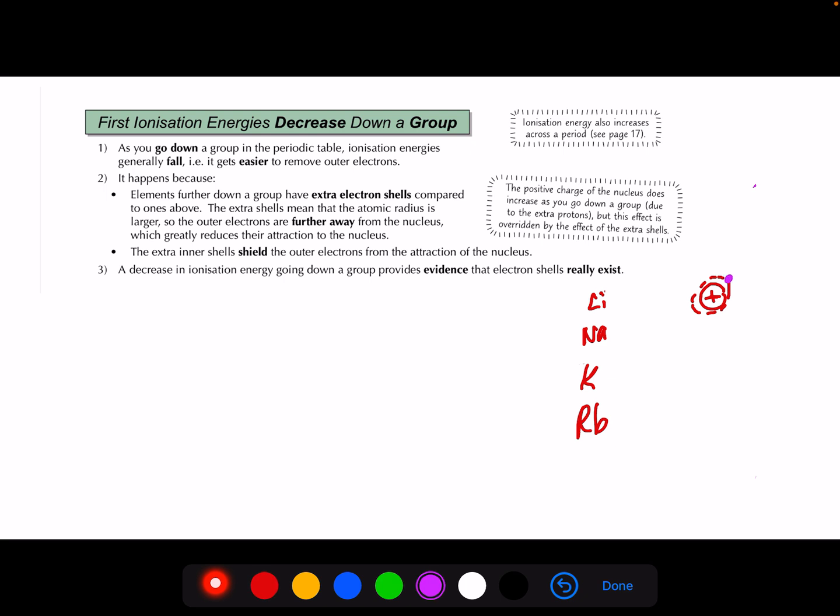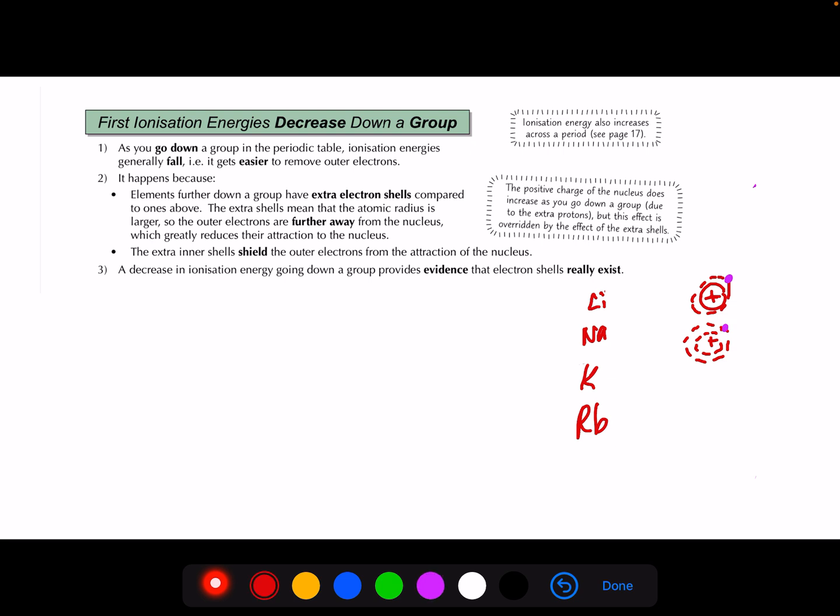Of course, the outer shell electron of lithium lies within the second shell, but I'm not going to draw the first shell, just to make the diagram easier, all right? So for sodium, there is one more shell, see? So the electron is further from the nucleus.